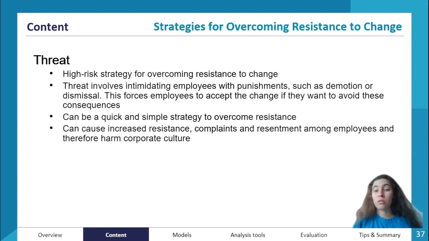So you could demote employees or dismiss them entirely. So if they want to avoid those sorts of consequences, then employees are going to be forced into accepting the change. Again, it can be quick and simple to overcome resistance, just issuing a threat and leaving it up to employees to decide where they go from there.